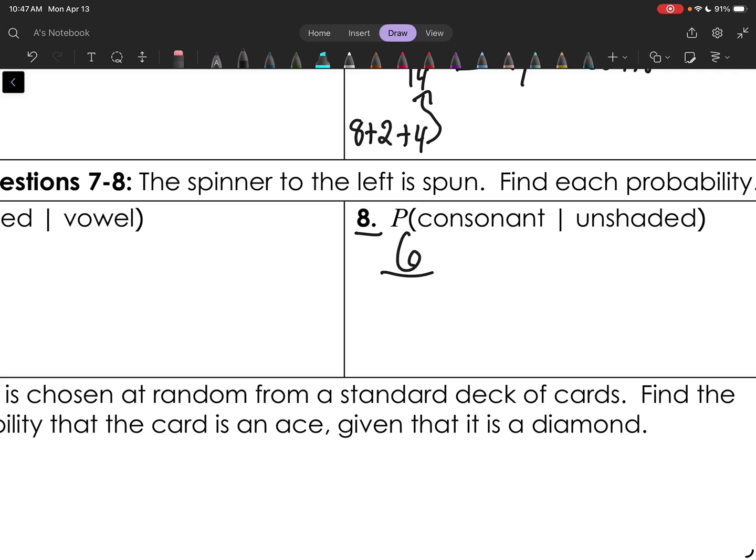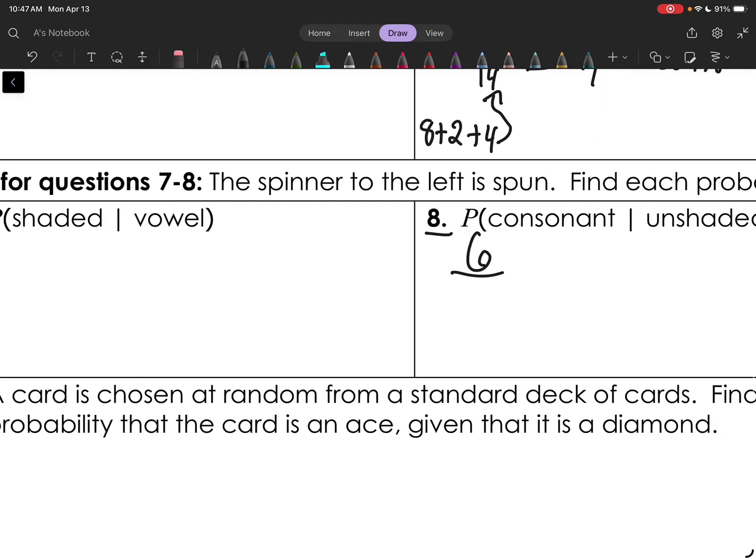The unshaded letters are the 5 I just named, and I, so 7. And that's about 86%.